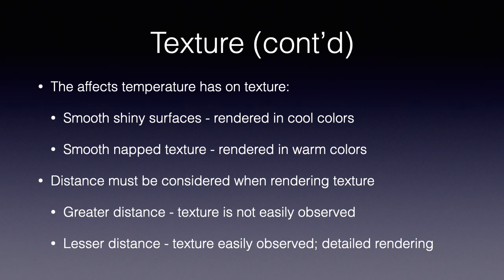The lesser the distance, the closer it is to you, texture can be more easily observed. So with that, you have to be very detailed in your rendering to get across to the observer what texture you are trying to allude to in your piece.